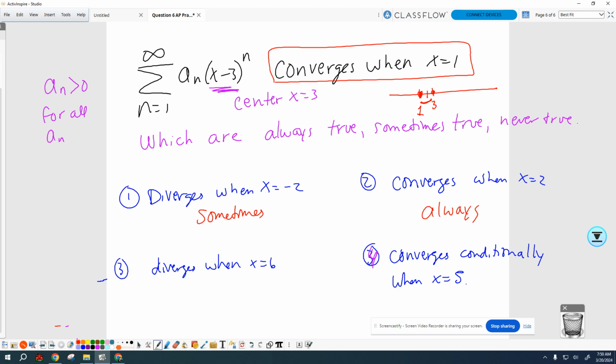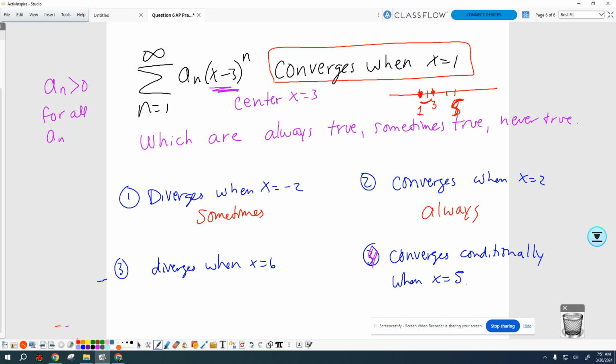It doesn't have to be geometric, because a sub n could be doing funny things, and the only thing I'm telling you about a sub n is it's always positive. So if a sub n has an n factorial in the bottom, it's going to converge everywhere. So with that said, do I know that it diverges when x is 6? I was thinking 5 and I wrote 4.